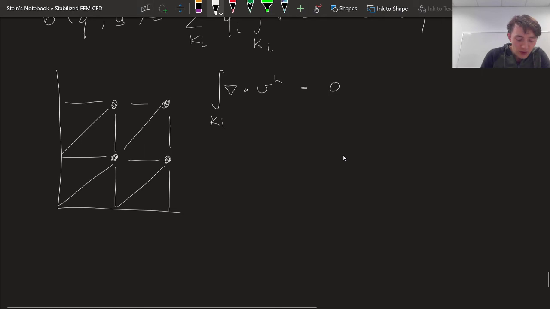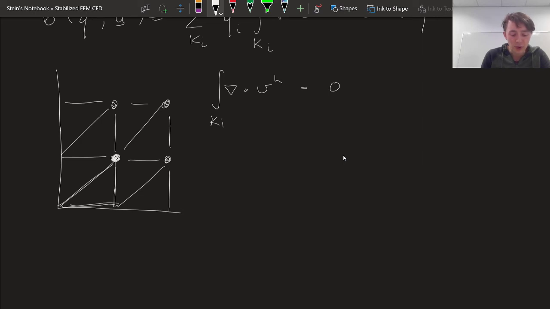So let's focus on this one element here. Now, the only degree of freedom that I have left for my velocity field is the one over here, right? These ones are set, so I'm assuming certain boundary conditions. I'm assuming that I have Dirichlet boundary conditions on the boundary, right? So essentially I've removed this degree of freedom from my space. I've set that to 0.